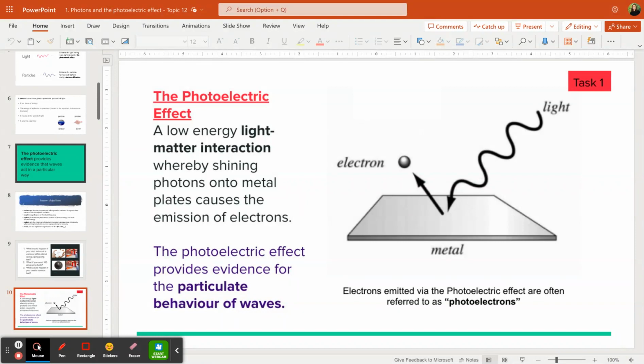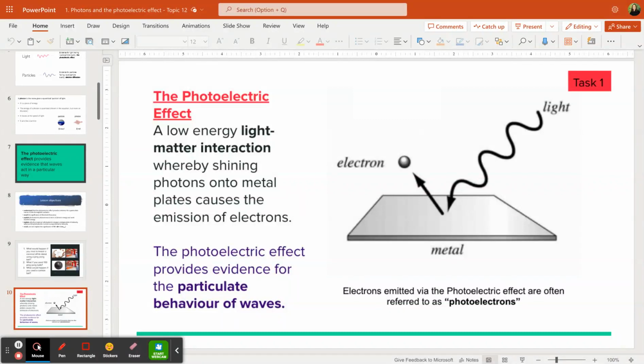So the first thing is you need to fundamentally understand what I mean by the photoelectric effect. We take a piece of metal, we shine light on the metal, and it turns out that sometimes electrons start spontaneously leaving the metal.